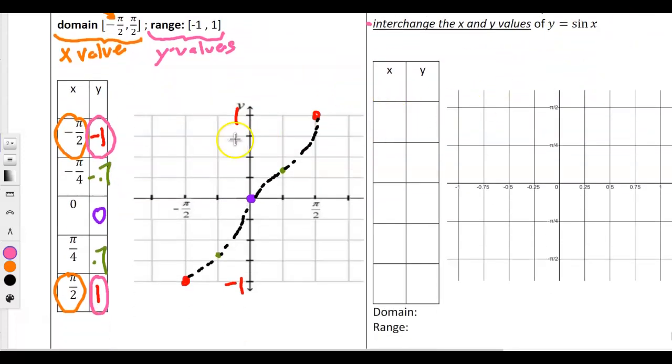So you're just going to go over here and say anything that was y is now x. Okay. And you'll notice the scales on the graph here have also changed, right? The radians are on the y-axis now, and the Cartesian numbers are on the x-axis.